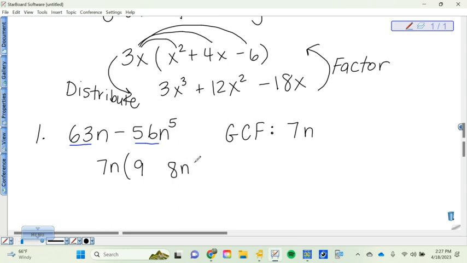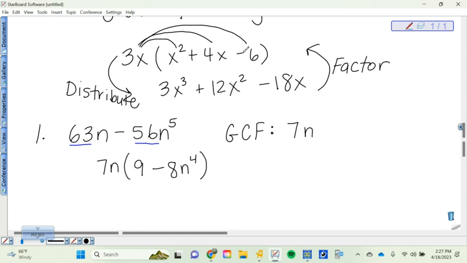N to the what? And what do I put in between these two things? Good. So once again, I'm starting with this and I'm going back to this format.